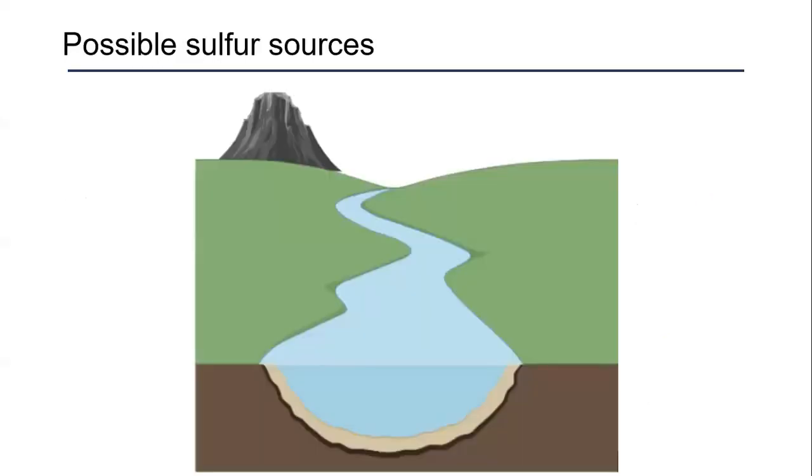So let's have a closer look at the possible sulfur sources in the area. First of all, we have the pyrite in the coal that is considered the main source of sulfate. But besides this, due to the weathering and the different mining activities, the saline pore water from the underlying Karoo sediments can be liberated, and it also can contribute to the sulfate in the groundwater and surface water bodies.